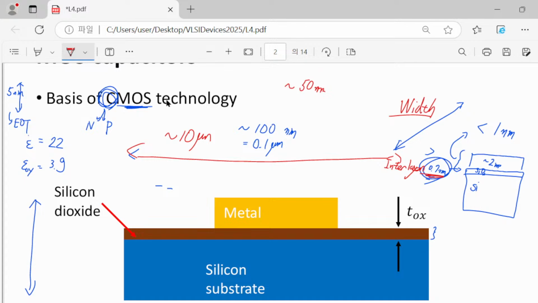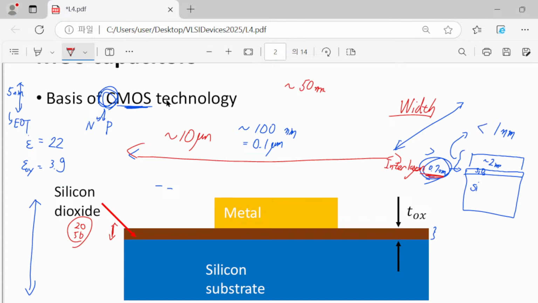Okay, it was really okay to generate or fabricate such a huge structure compared with our state-of-the-art device. However, still in this direction, it was not that much. So of course, it was much thicker, like 20 or 50, even thicker values were used for our silicon dioxide at that time.